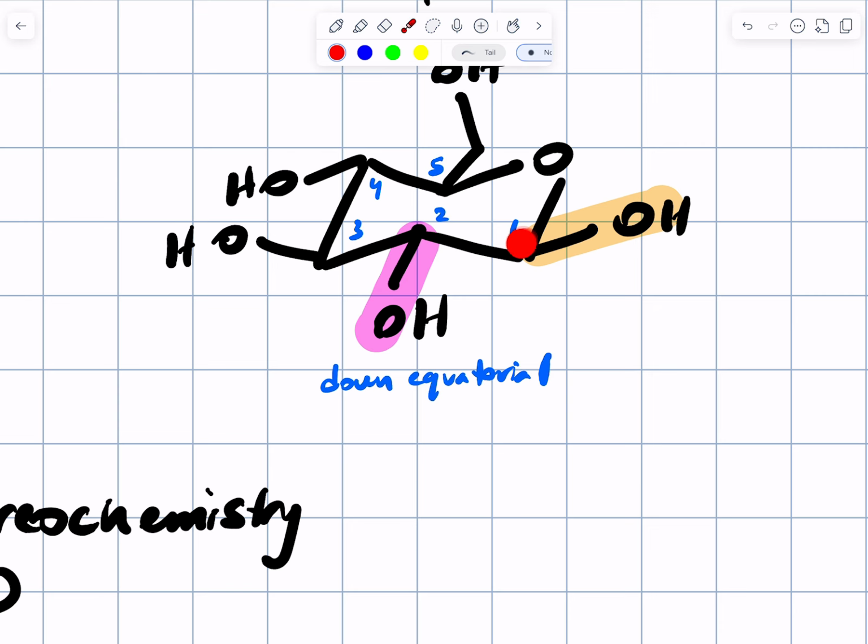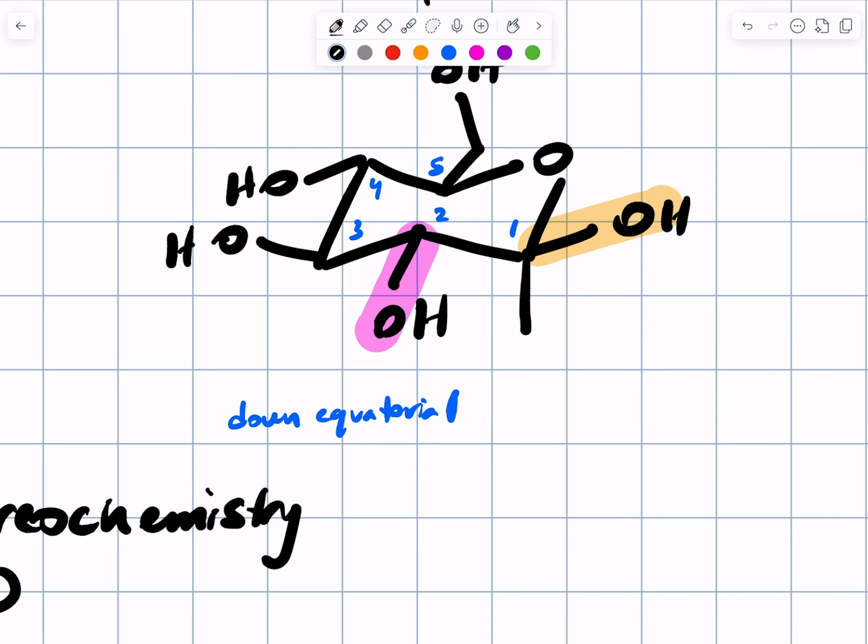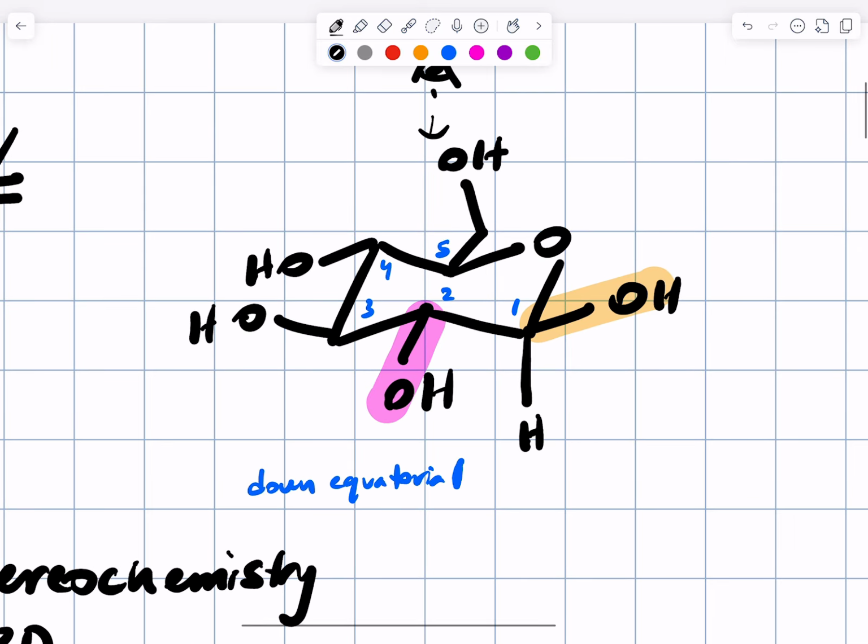And in general, substituents on down carbons, that is carbons that are at a valley, are going to have up equatorial and down axial substituents. And it might help, when you're first learning about chairs, to draw in the implied hydrogens that are not shown. Notice that carbon 2 occurs at a peak, and the up substituent is up axial.